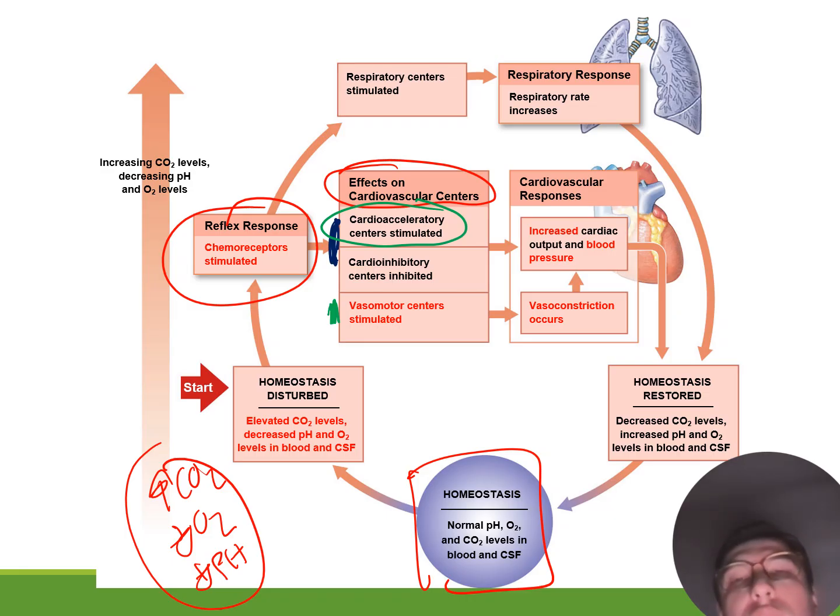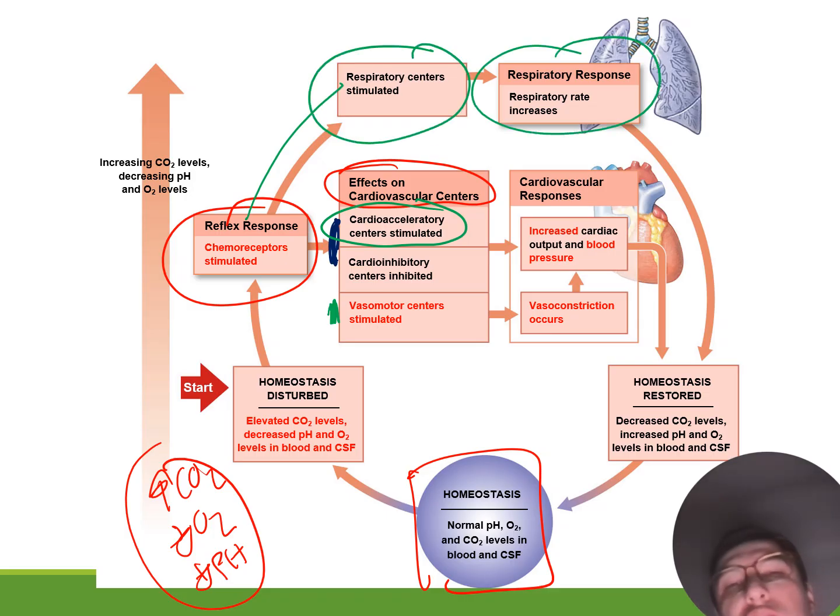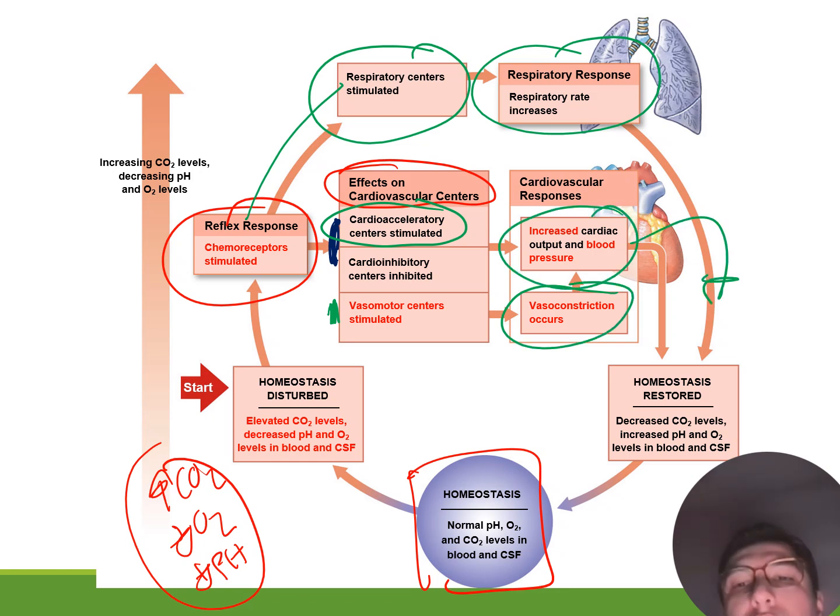So we want to increase blood flow to the lungs and to the kidneys to restore pH. We're also affecting the respiratory center, and that also helps restore some of that homeostasis within those blood respiratory gases. When we look at the vasomotor response, we're causing vasoconstriction to increase blood flow, and all of this is going to increase blood pressure to restore homeostasis.